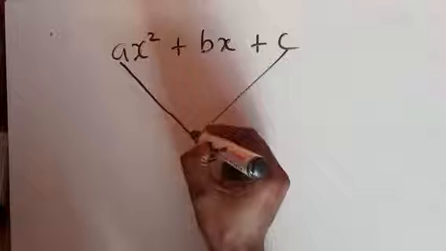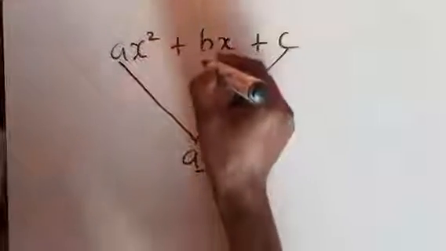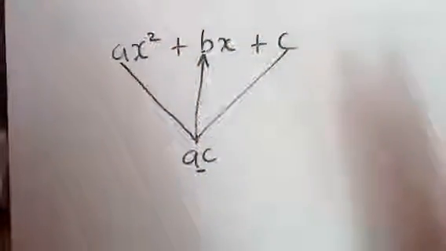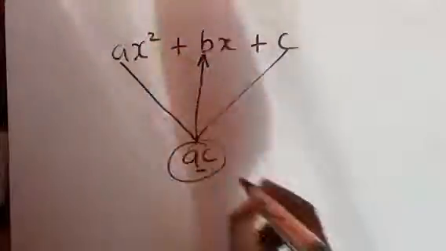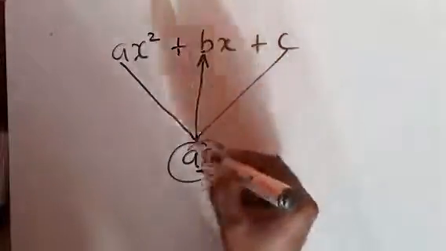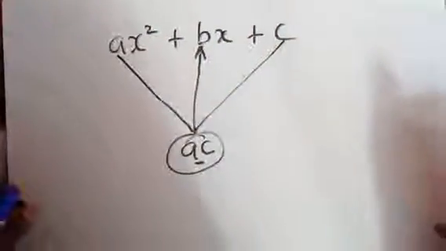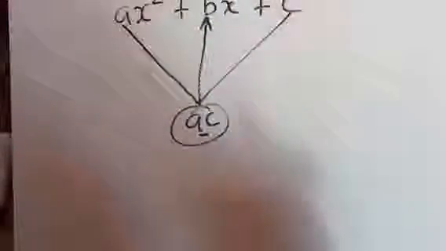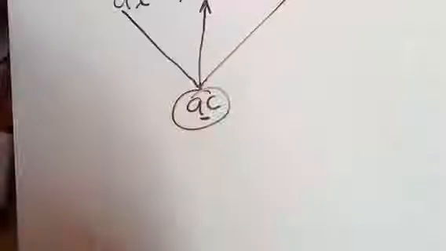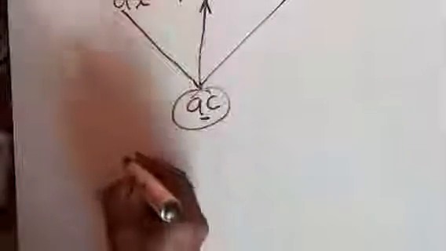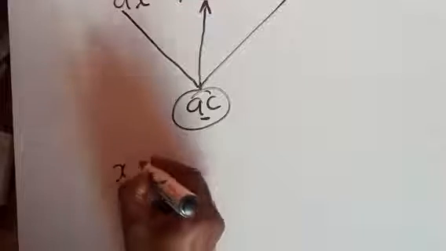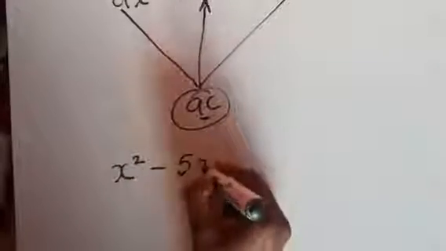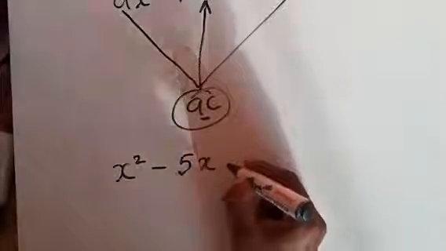Then you find the factors of AC that when you add will give you B, the coefficient of x, but when you multiply will give you AC again. So if you have a question like the one we just solved, let us try the two examples we have. The first question was given as x squared minus 5x plus 6.